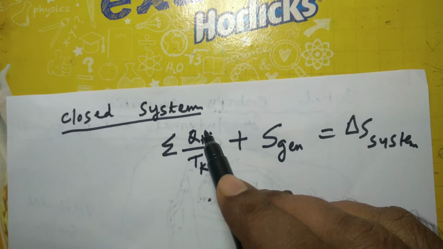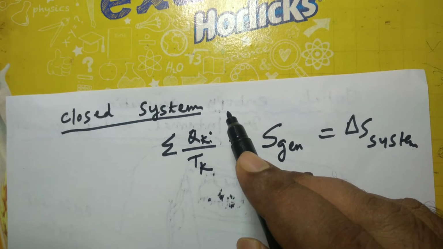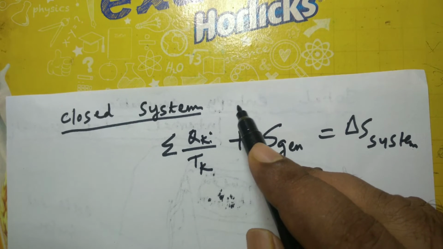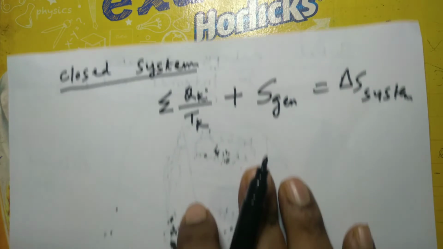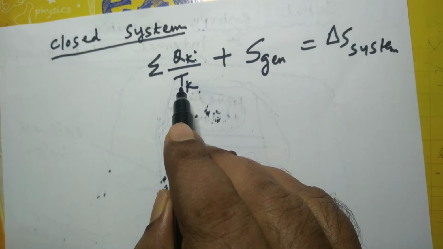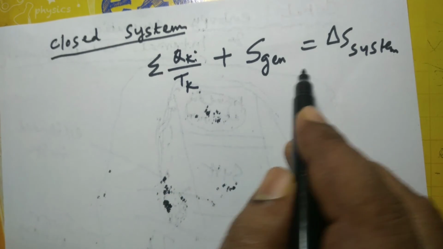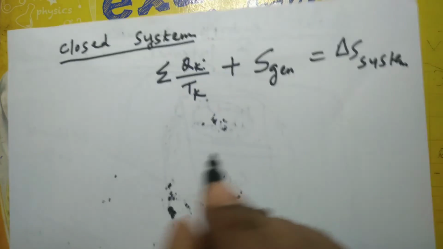The entropy transfer can only take place through two modes. One is with mass and another is with heat. But energy transfer can take place in three modes. One is heat, second is work, and third one is with mass. So that is the difference between energy and entropy. So this is the relationship Qk by Tk plus S gen is equal to delta S system.